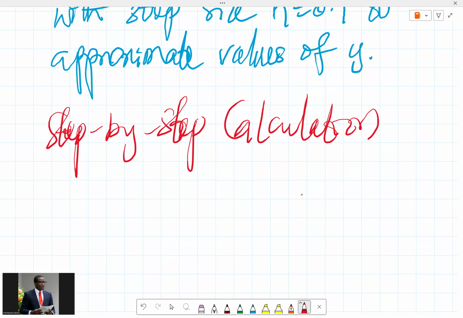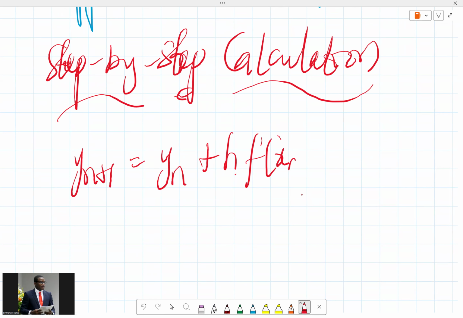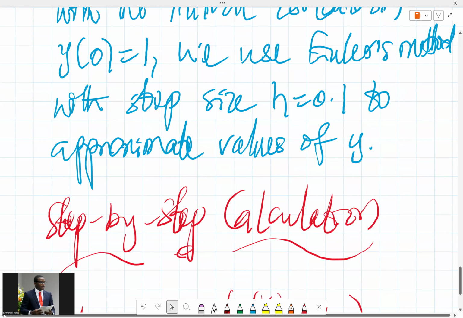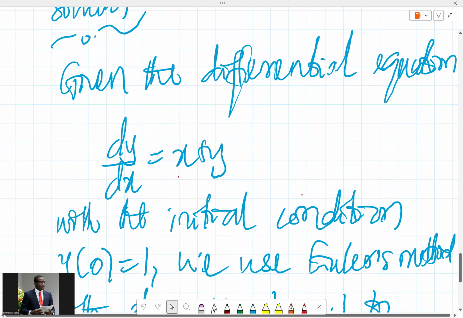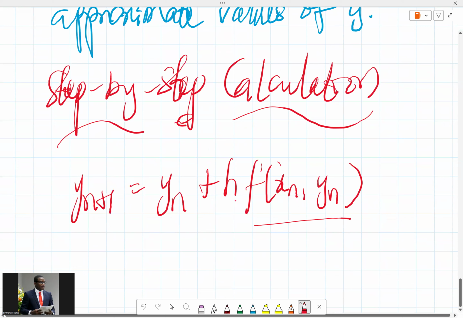Again, Euler's method is y_{n+1} equals y_n plus h, the step size, times f of x_n, y_n. In this case, this is our f of x comma y. That's our function right there, so we can use that to determine this, because we have just x plus y.